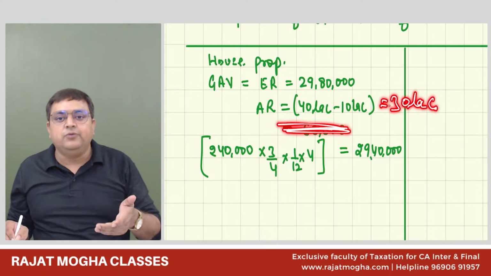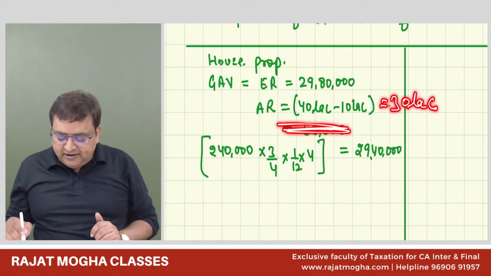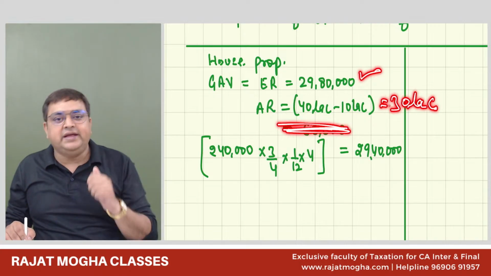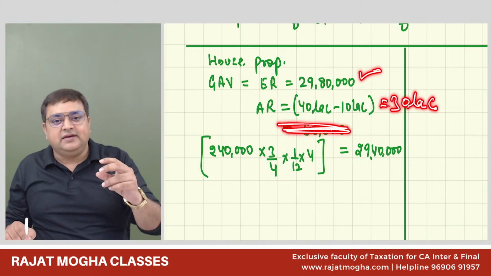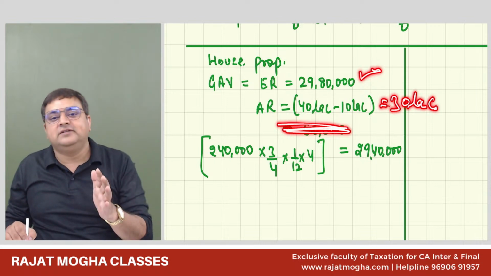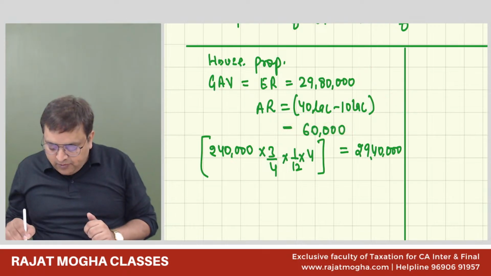The assessee is genuine. Why? Because his property has the capability of earning 2980. But he's saying, sir, my rent is 30 lakh rupees. He's a genuine assessee. Why is it coming lower? Only because of vacancy.